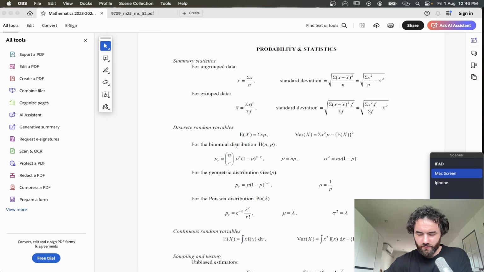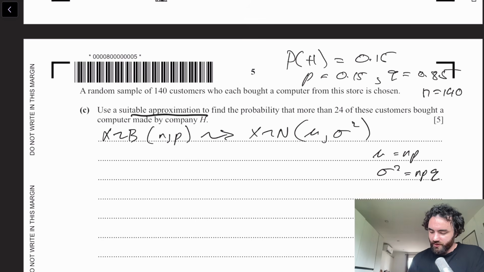So we have this is binomial. It's a binomial distribution of this variable x. So if we want to find the mean and variance of this, we use those formulas. So I'll write those down. npq. Okay, so this is what we have. We have this situation which is binomially distributed, and we're approximating it to a normal. So we need the mean and variance of that approximation based on the data that we have.